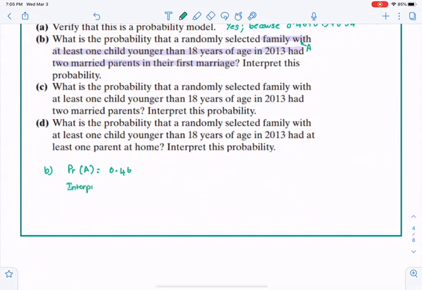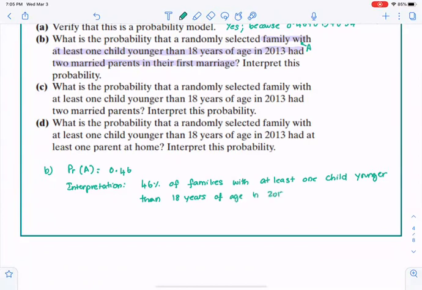Interpretation: 46% of families with at least one child younger than 18 years of age in 2013 have two married parents in their first marriage.